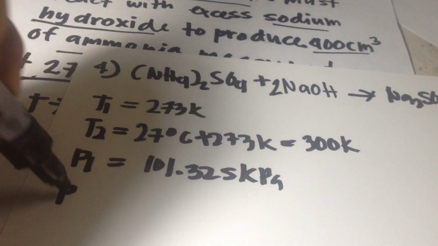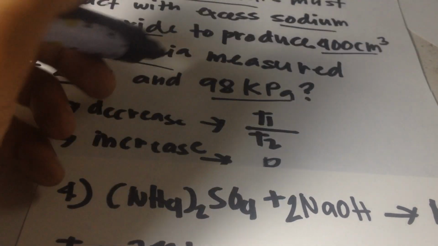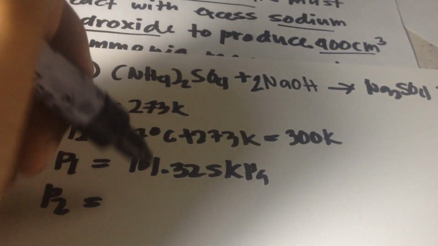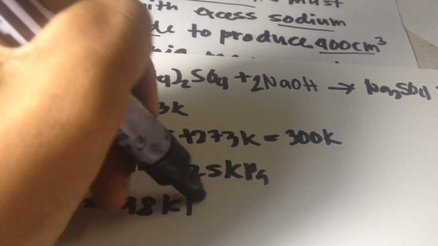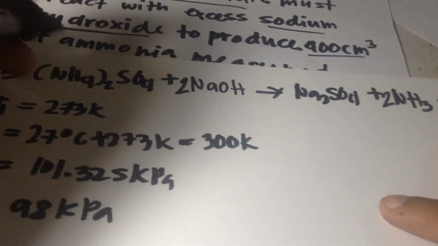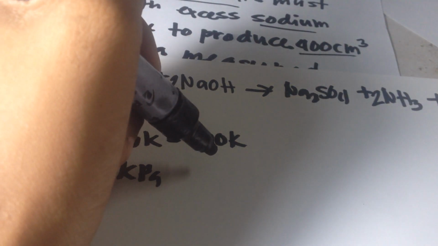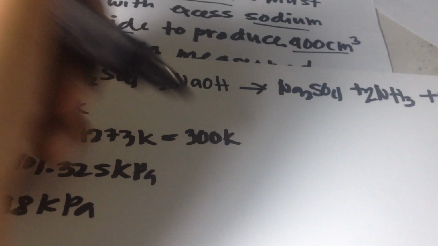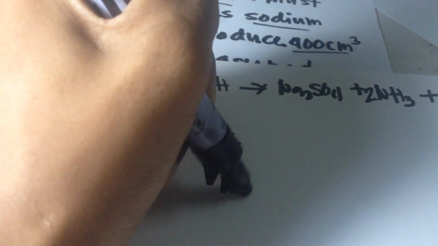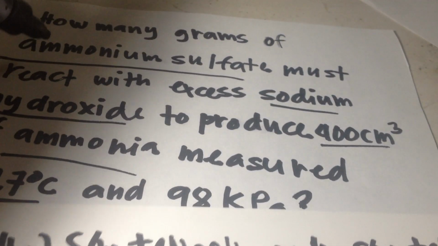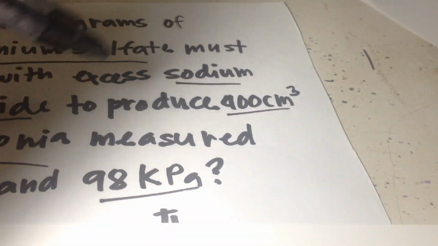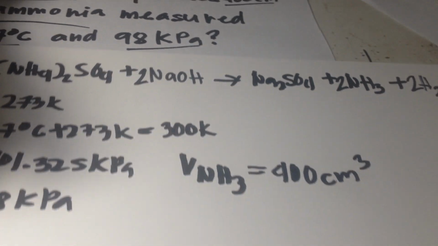And the pressure 2 is equal to 98 kilopascal. And the volume of ammonia here is 400 cubic centimeter.